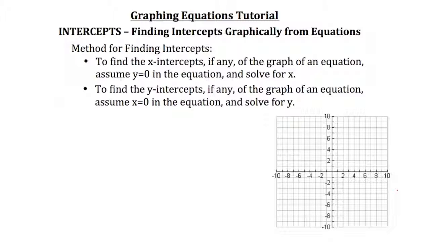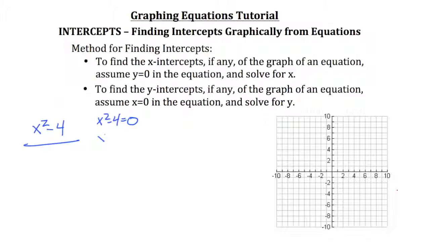Let's see how this rule applies to a real equation. Let's assume the equation we have is y equals x squared minus 4. In order to find the x-intercepts, first we will solve for x with y equal to 0. So we'll set x squared minus 4 equal to 0.